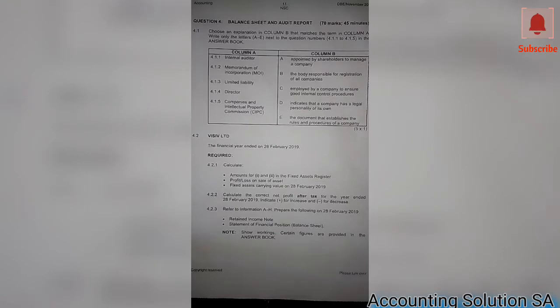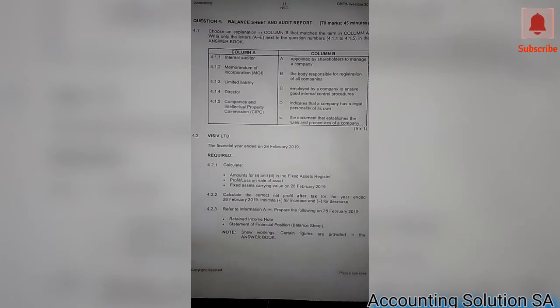Then without wasting any time, 4.1.1 is going to be C, which says internal auditors are employed by a company to ensure good internal control procedure. Then we have 4.1.2, MOI or memorandum of incorporation, is going to match with E, the document that establishes the rules and procedure of the company.